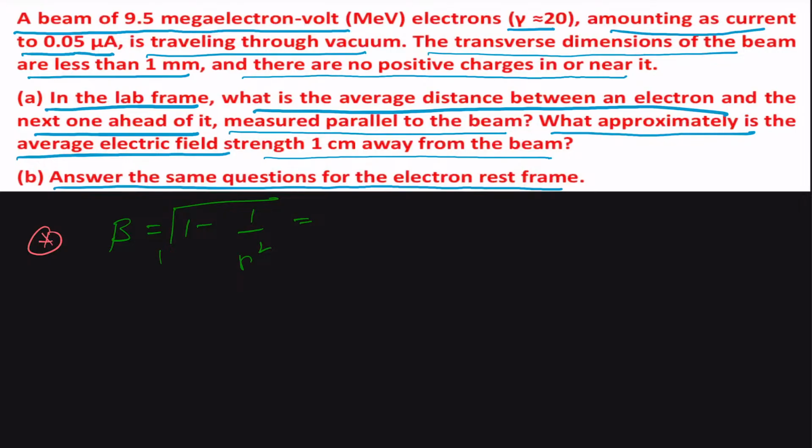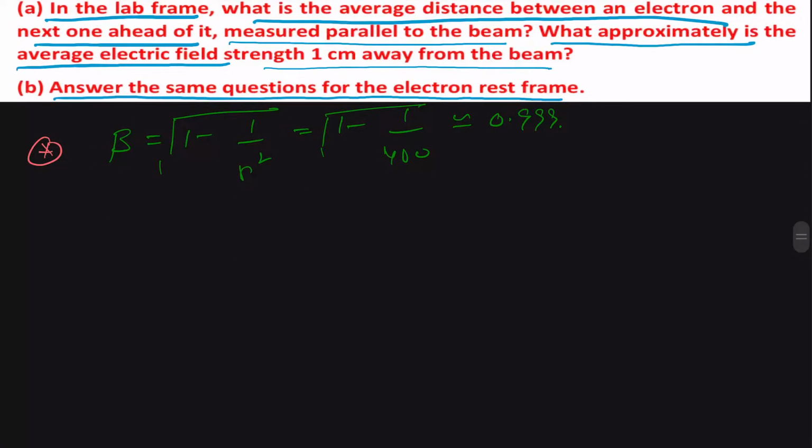Gamma is approximately 20, so this comes as the square root of 1 minus 1 upon 400, which is approximately 0.999. Therefore, our velocity is v equals beta times c, which is approximately c, 3 into 10 to the power 8 meters per second.